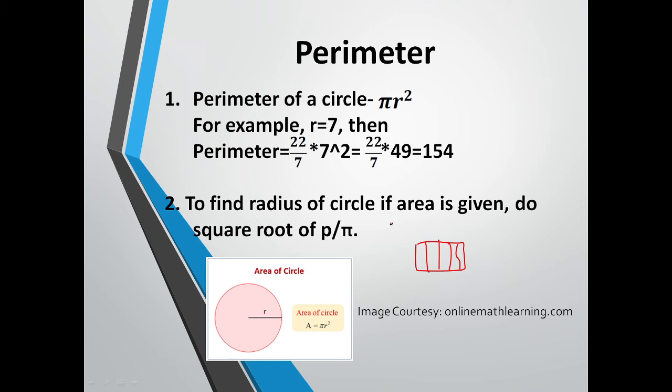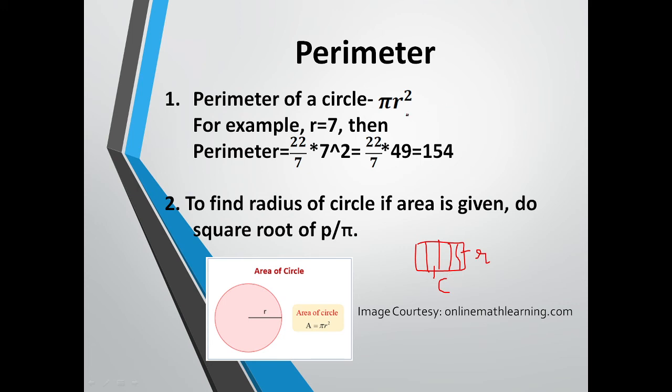So if we take the radius, this length over here is actually the radius, and this part is actually the circumference.